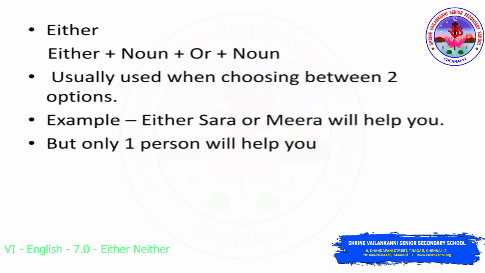That can be Sarah or Meera, but any one will definitely help you, which is a positive sentence. If you're using either, remember it is a positive sentence. Usually we use either in a positive sentence and it denotes two options.